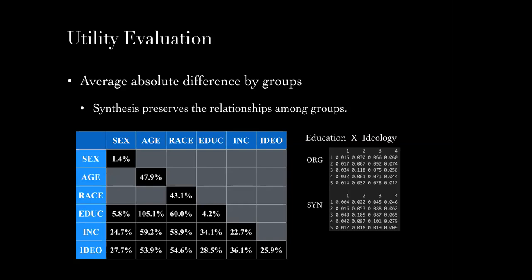We could see that the table of age per education displayed the most variation from the original one. But overall, I would say this is a pretty good synthesis.